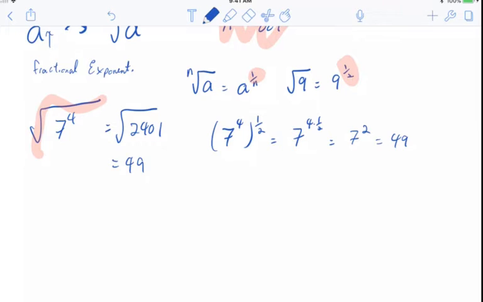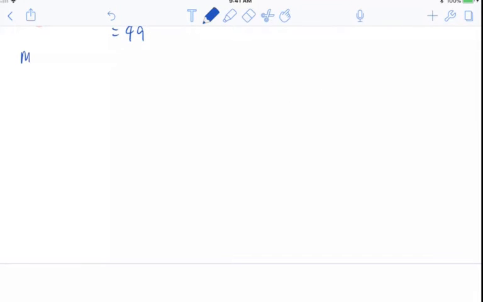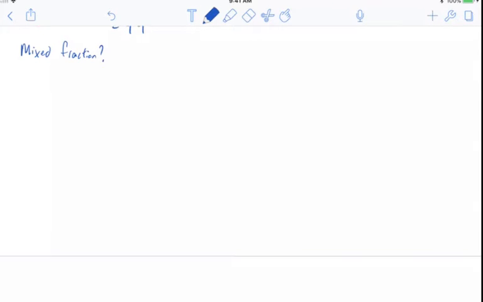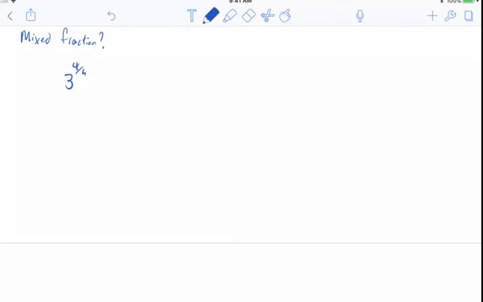Okay, so what about a mixed fraction? If somebody's like, hey, 3 to the 4 over 5, how are you supposed to interpret that? Well, if somebody tells you to put this in your calculator and you don't have a decent scientific calculator, what are you going to do? The deal here is you can think of this as 3 to the 4, which corresponds to the 5th root of whatever 3 to the 4 is.